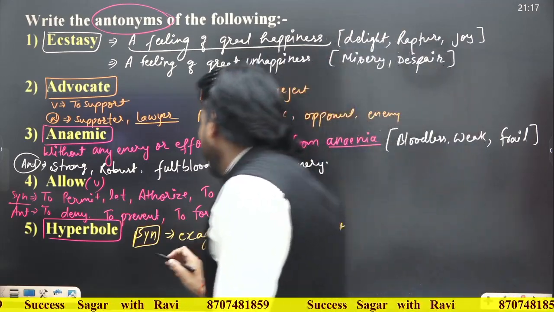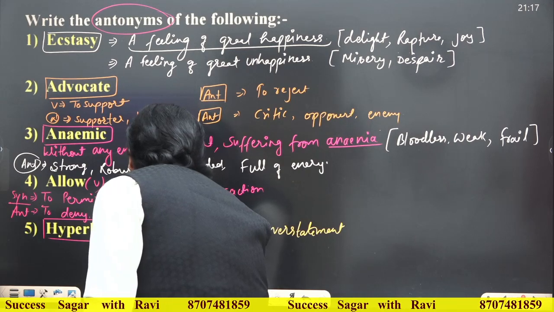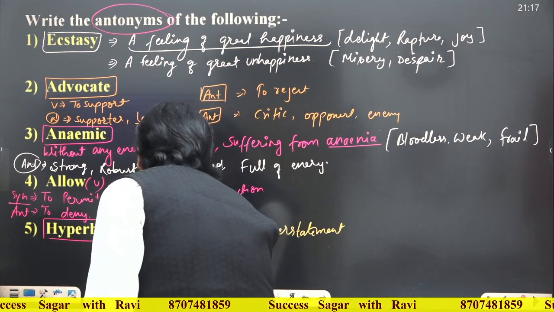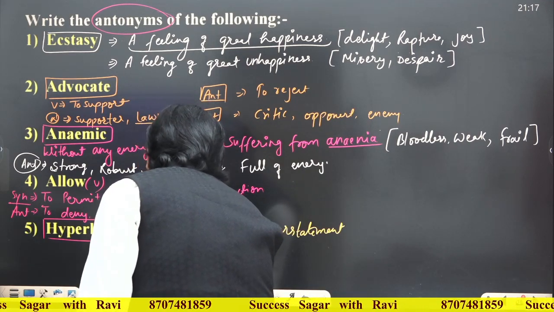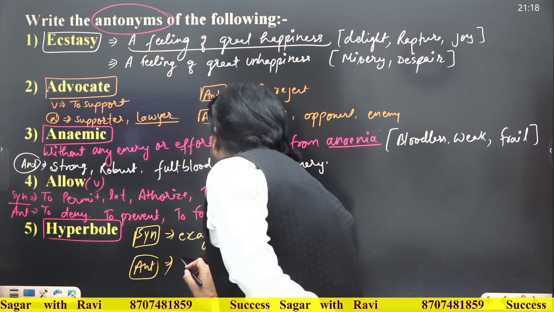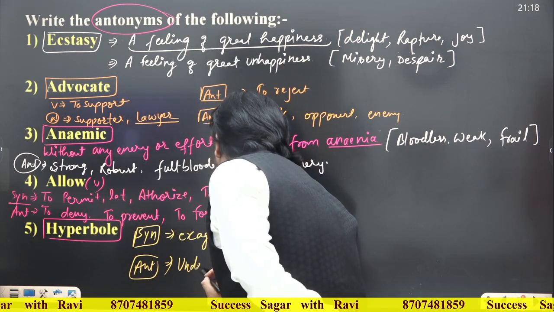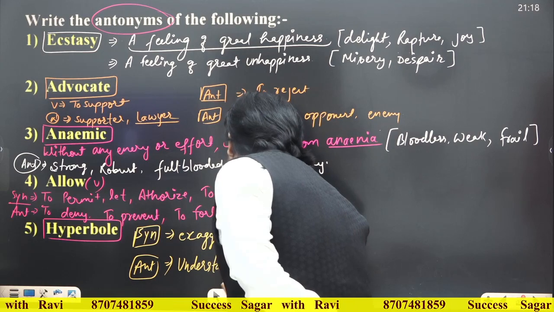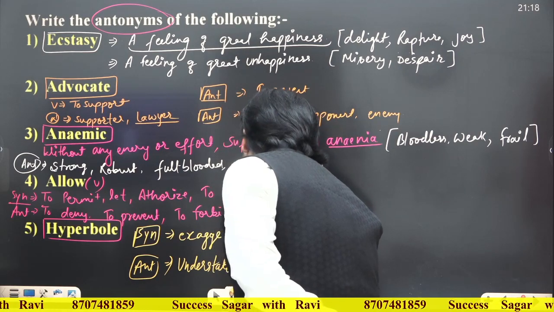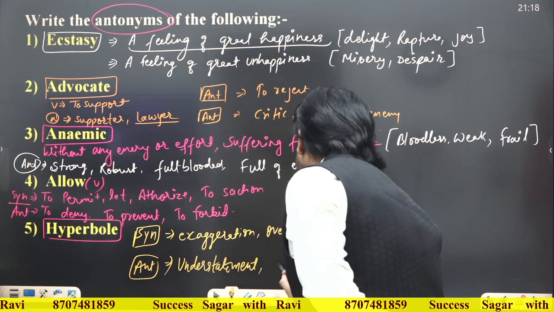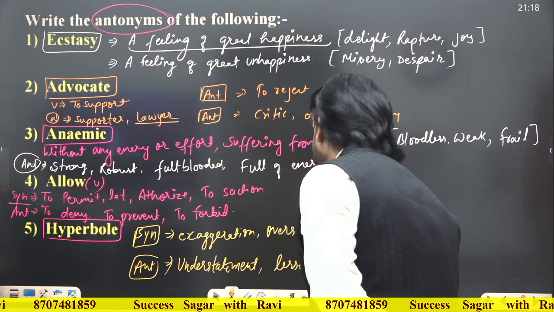So what is the antonym? The opposite of the given word is understatement. Understatement, antonym. Understatement, or you can talk about lessening. Lessen means to cut short.